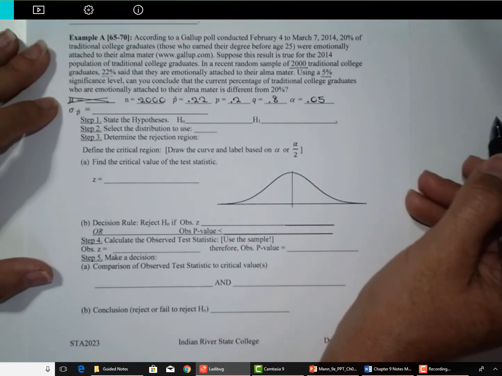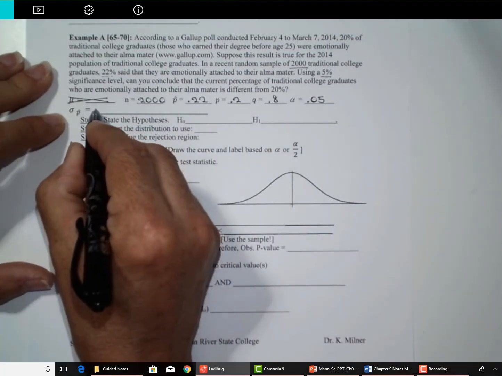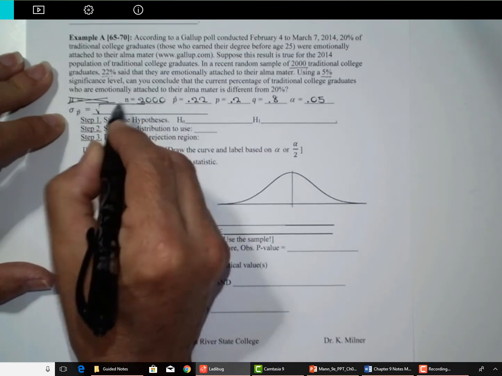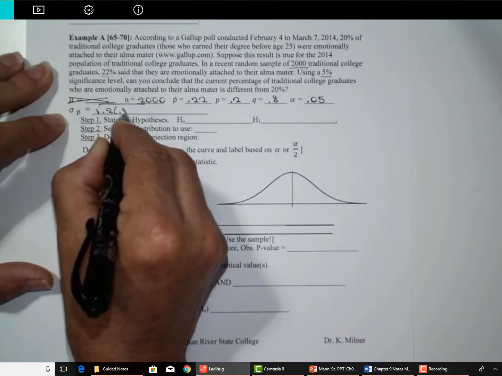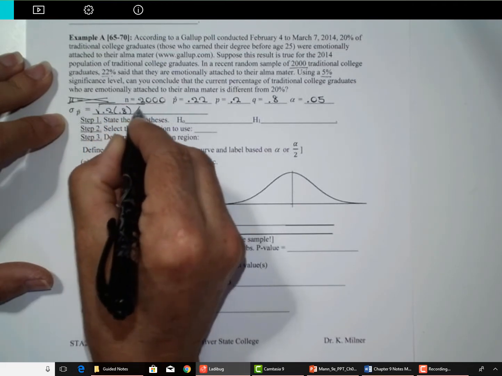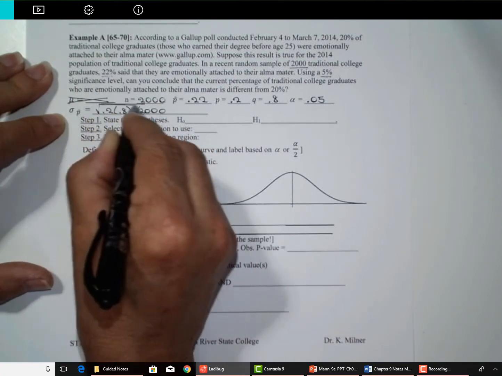Now, everything is pretty much in place, and I can go ahead and calculate my standard deviation of the proportion, and it's always calculated using the square root of p, 0.2, times q, 0.8, and then I have to divide by the sample size. And remember, all of this has to be done under the radical.